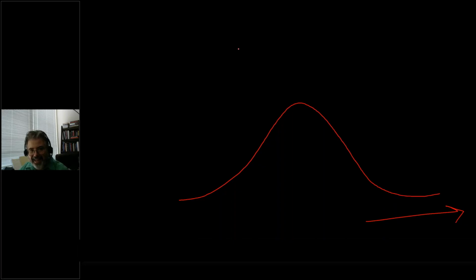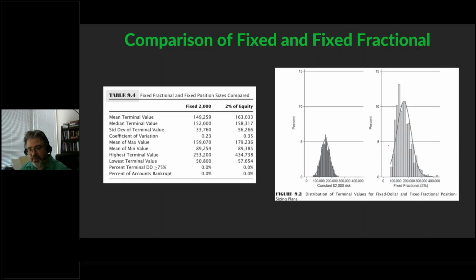And anytime you're able to draw a line here and say, I make all of this go away, there's not a lot of things in the world where you get that possibility, but this is one thing that fixed fractional does. It dramatically removes the risk of serious downside events, but it also opens the door to some huge upside wins. Nothing else will do this.